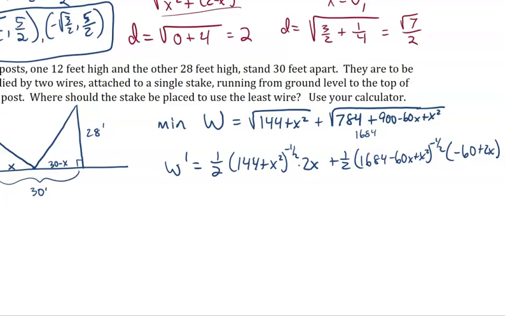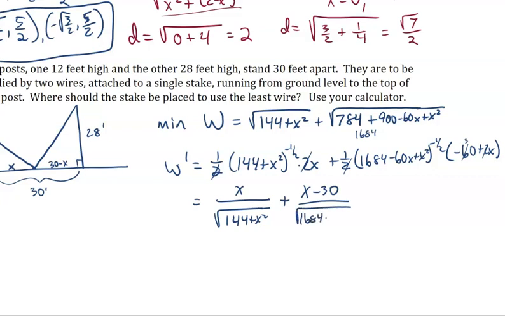I can cancel out a 2 here and a 2 here. So I now have x over root 144 plus x squared. And then here, I'm going to cancel a 2, make that a 30, make that an x. So I'm going to make this plus x minus 30 over root 1684 minus 60x plus x squared.